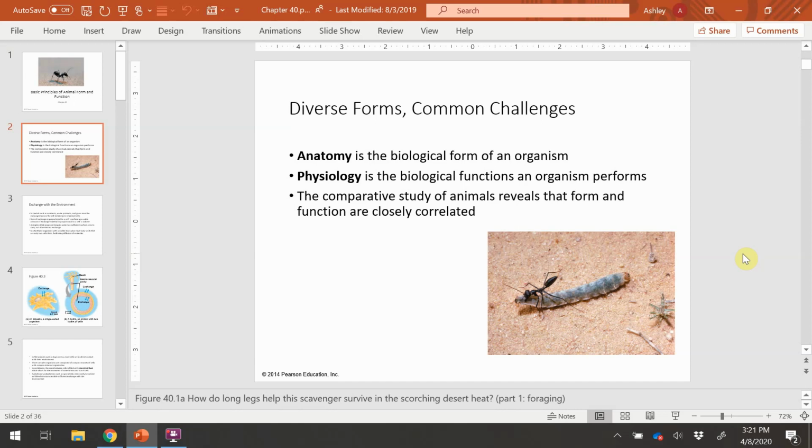All of that's physiology, which combined together usually form a class that you take separately, A and B. This is an essential part of all organisms to understand both form and function. Today we'll look at some unifying themes for animals, and looking at anatomy and physiology is one of those.